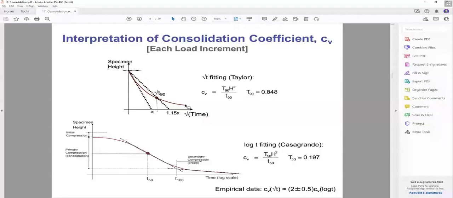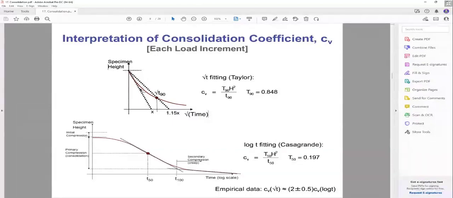Now we're going to calculate a parameter called CV, the coefficient of consolidation. That gives you the time t90 at 90% where the consolidation has occurred. We usually assume that at 90%, the consolidation has completely occurred. You see this slope here?